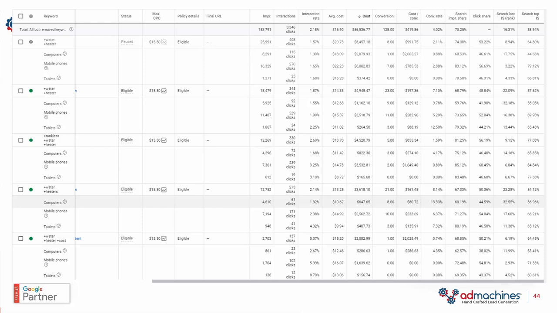The way you would use this, if you are running your account, is to ask whoever's managing it: what is my search impression share for this campaign? How much of the market opportunity am I actually getting? What is my click share percentage? How many of those impressions will actually turn into clicks? And that will tell you right there, then and there, whether or not you have a strong foothold on this particular campaign category.